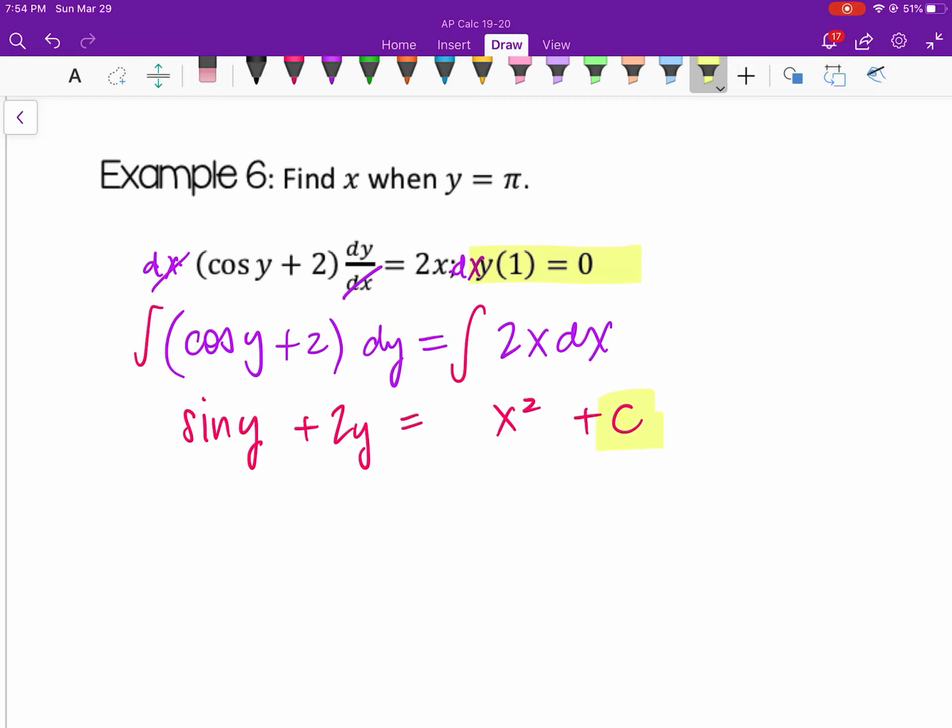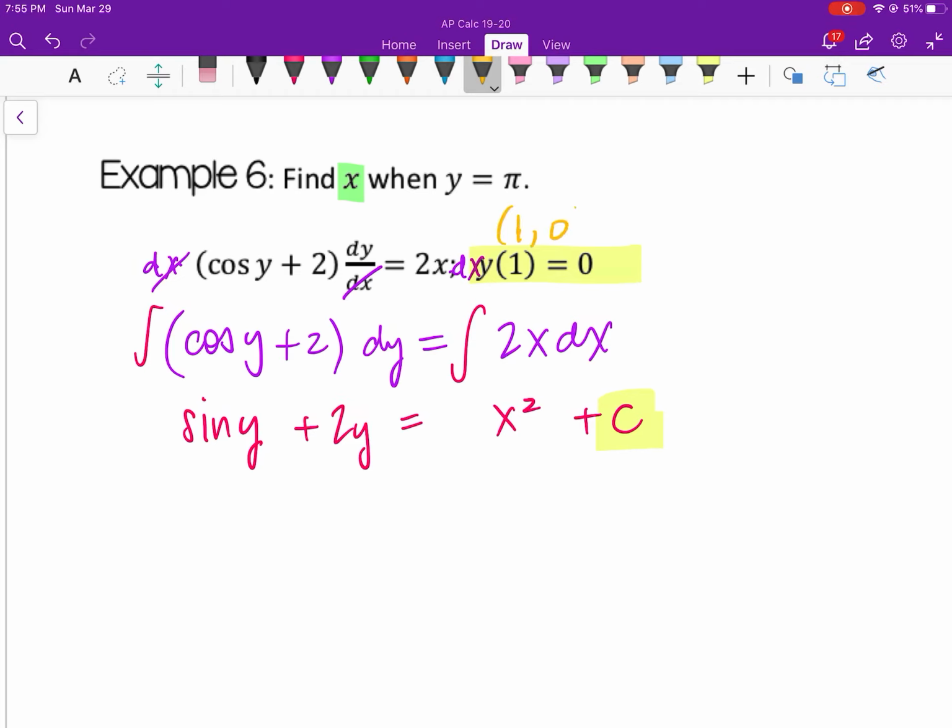Now, we've gotten in the habit of just solving for c right here, and that's actually extra good news for us because we don't care what our equation is this time, right? We can rearrange and solve for y. That doesn't look overly fun, but we don't even have to because our goal isn't to find y, it's to find x given a particular y value. So let's first find out what that c is, right? Knowing that y of 1 equals 0.